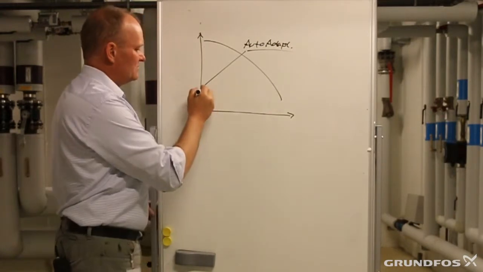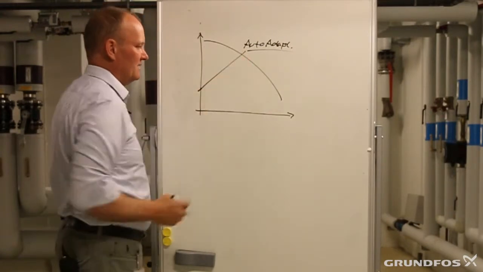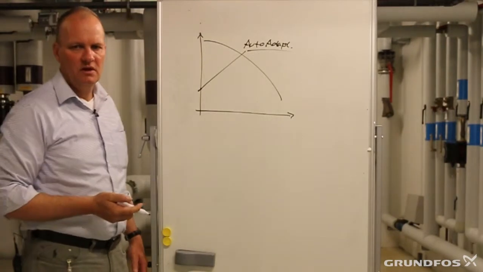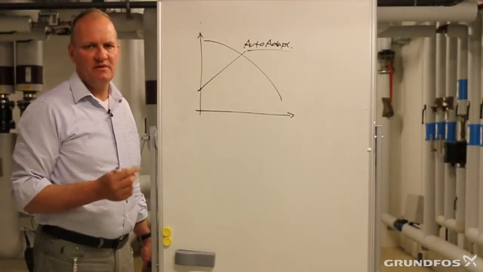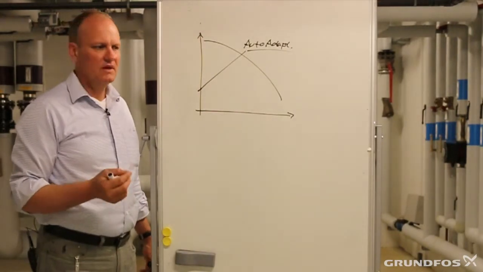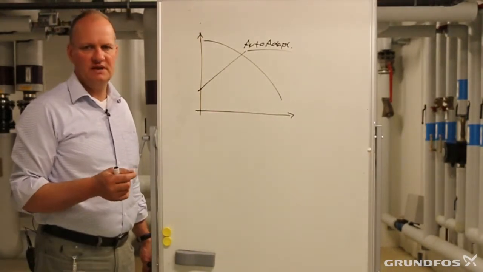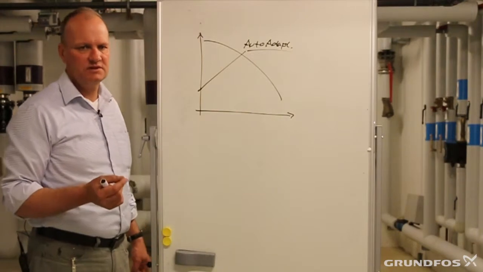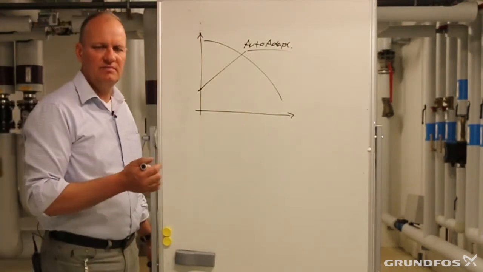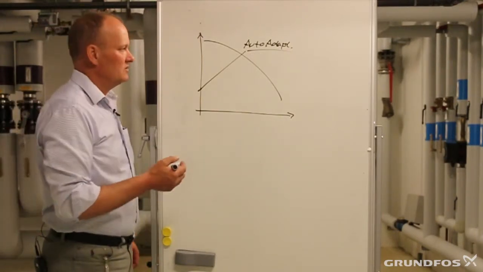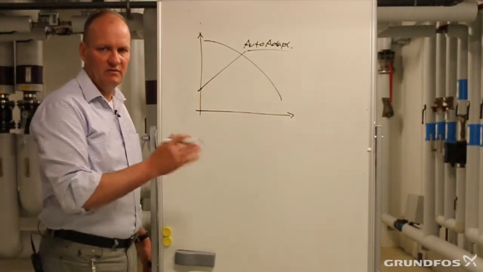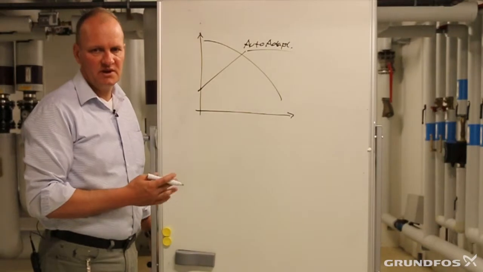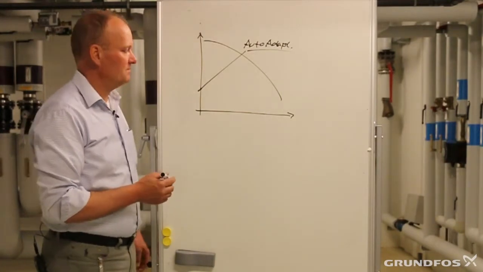So how this works is, this is typically a control strategy or control mode you would choose in systems where you have very limited knowledge or information about what is the actual pressure resistance in the system. Because what you tell the pump to do is to try to figure out itself how low can we go when it comes to pressure needed for the system.